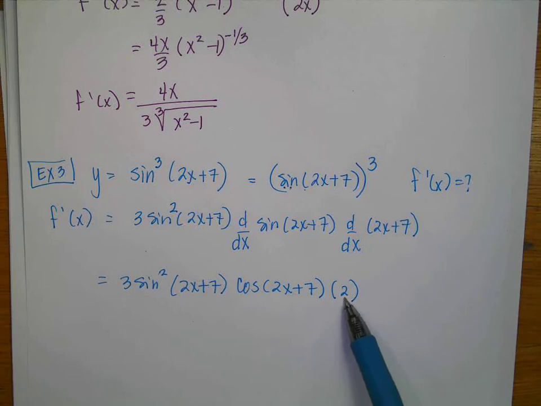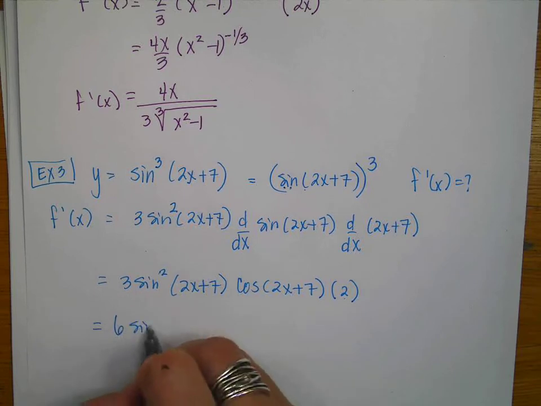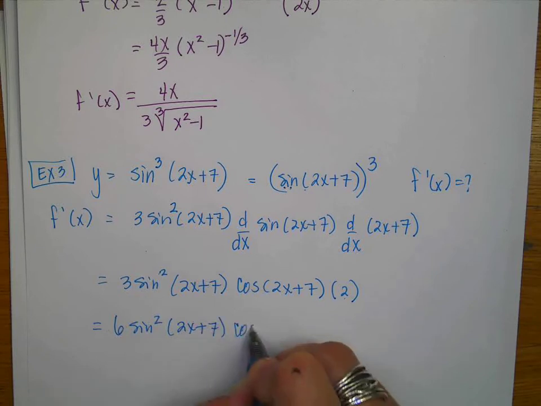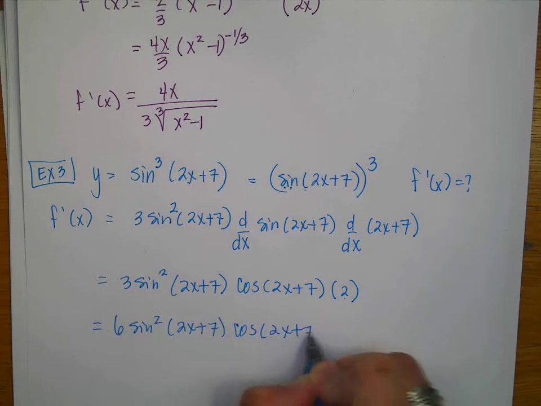The derivative of the inside is this. So this was one of those chains that had multiple chains. Now I would clean this up. So this is going to be 6, and then I have sine squared of 2x plus 7 times the cosine of 2x plus 7. Okay, so that one was a little bit more entertaining.